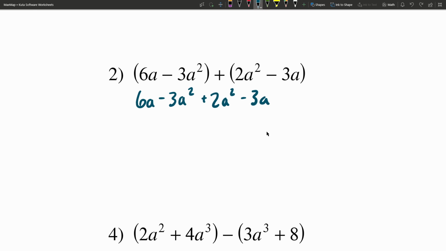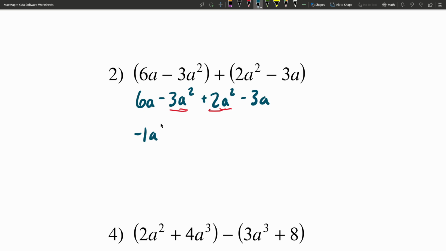Now, let's find our highest degree and combine those like terms. Our highest degree is that squared. And we have an a squared here and an a squared here, 3 of them and 2 of them. However, this 3 is negative, so we have a negative 3 plus a 2 is going to give us a -1, so that's a -1a squared.